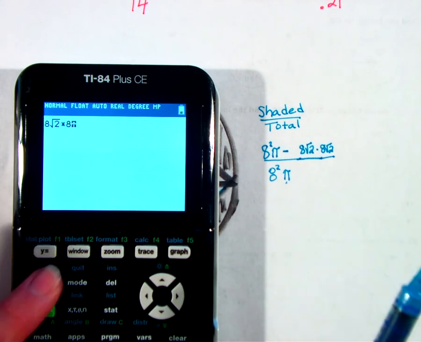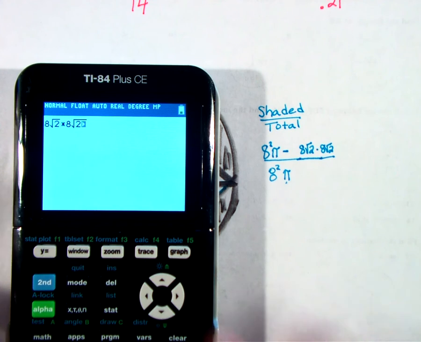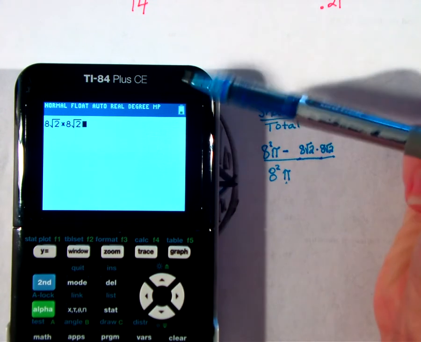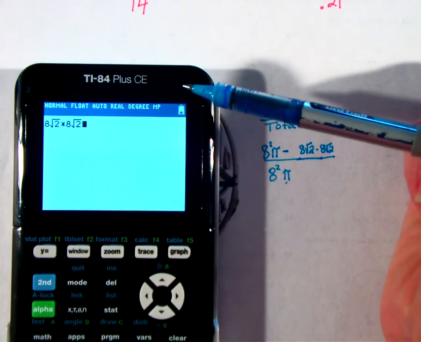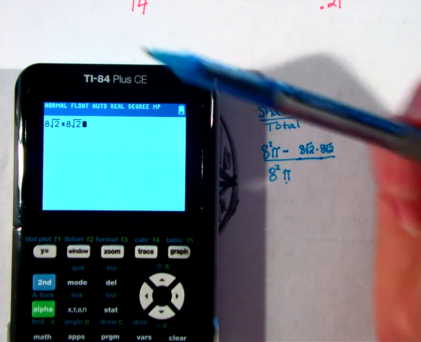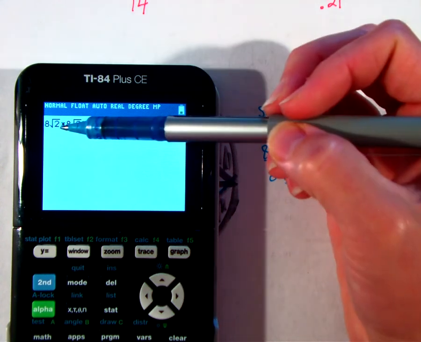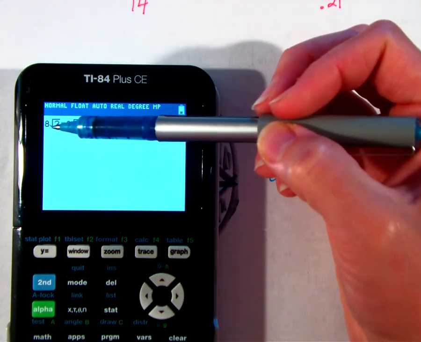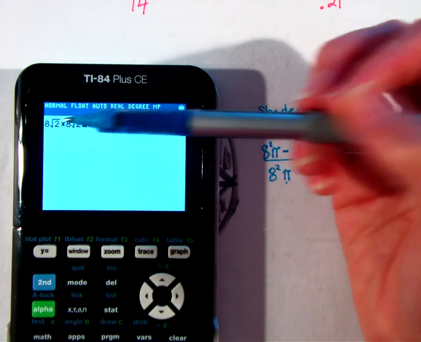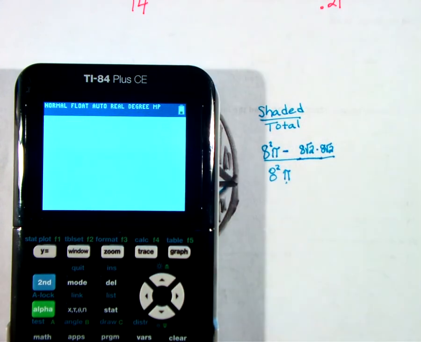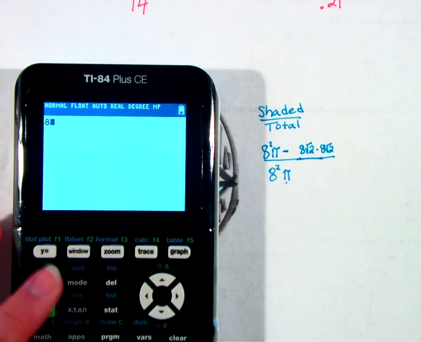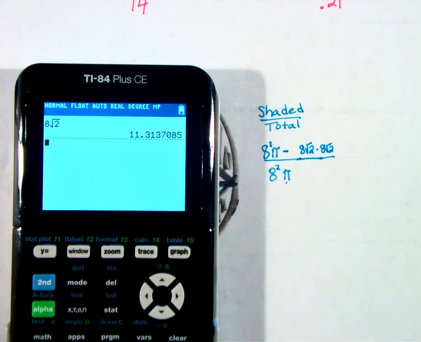So you have to get out of that and then go times 8 radical 2. Okay, so on my brand new TI-84 Plus Color Edition, it's actually not as difficult. However, most of you, whatever calculator you have at home, will pop up a parenthesis, and then you have to worry about getting another parenthesis in there. Okay, so what I would do is I would do 8 radical 2, and then just hit enter.